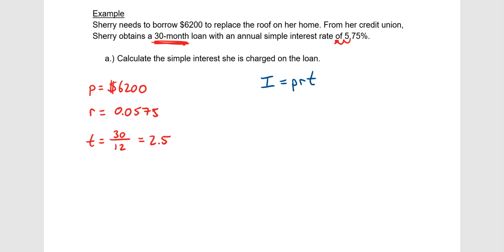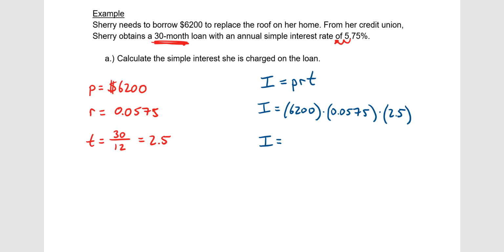So let's go ahead and plug all of these in. The interest that she is charged on the loan is going to be $6,200 times 0.0575 times 2.5. So I'm just leaving out units as you see for the money. I'll bring it back in the final answer.